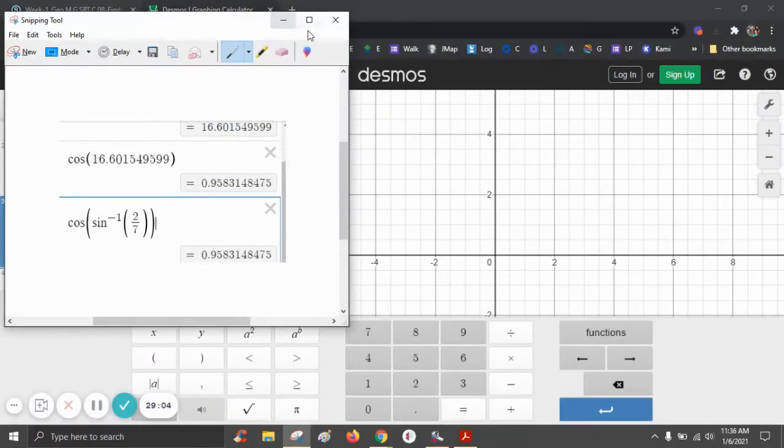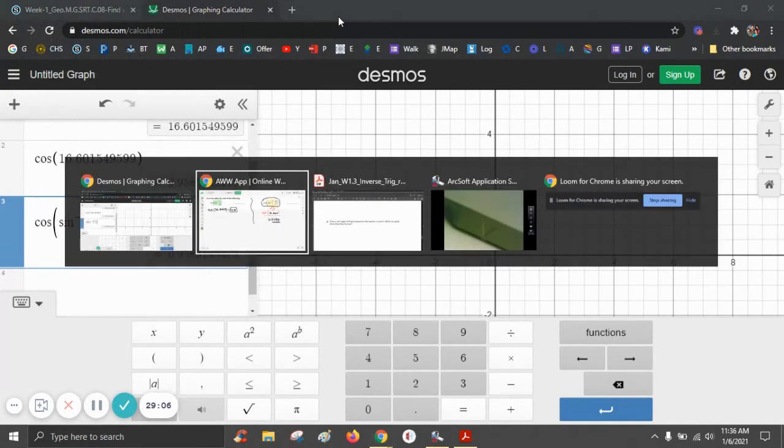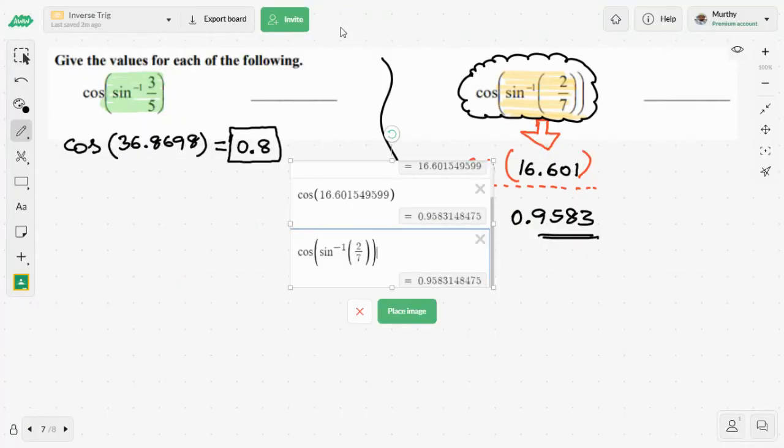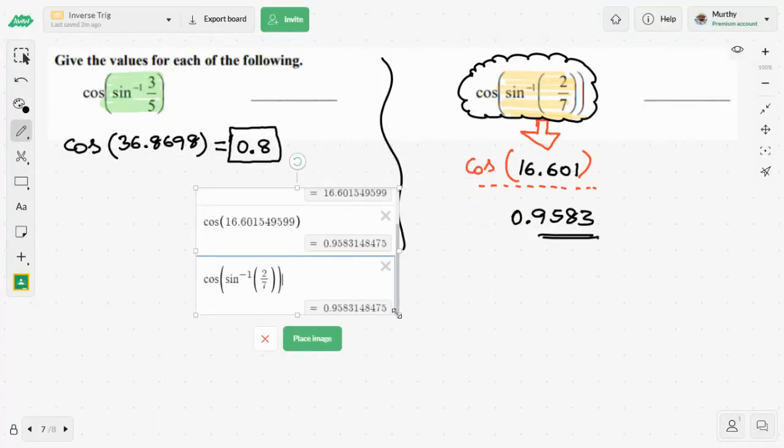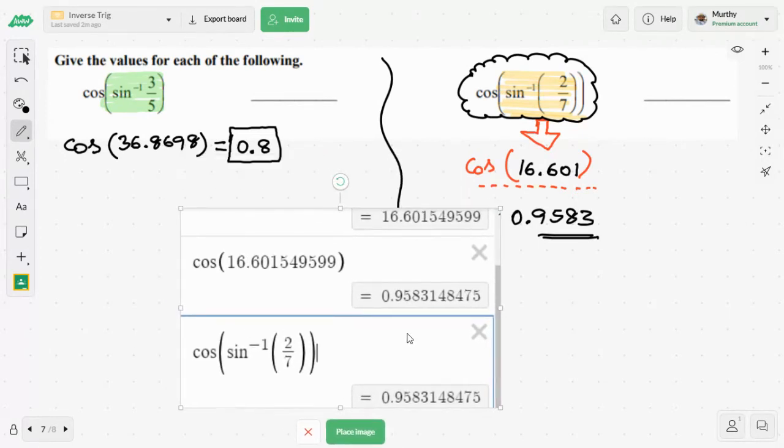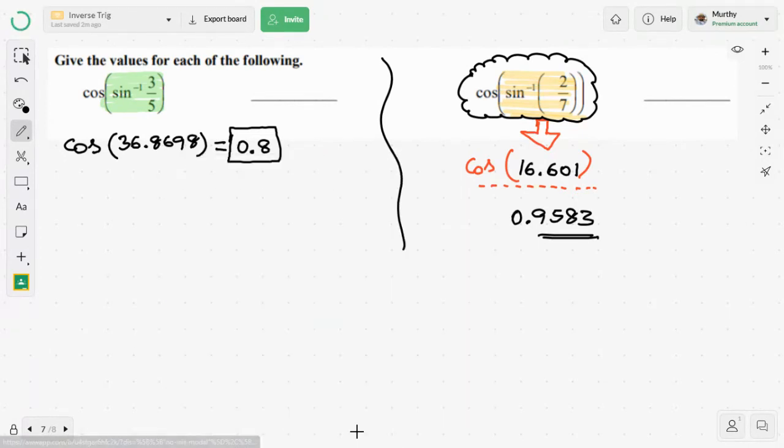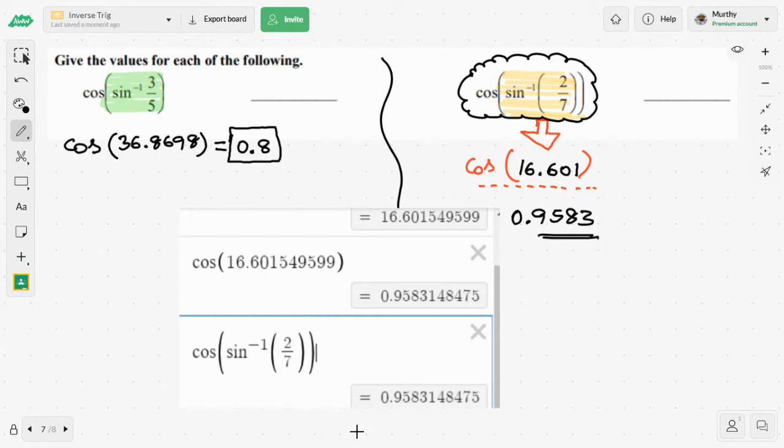Right. Now let's discuss this one on the whiteboard. If you want, you can do this separately. For part 1, you can compute sine inverse 2 over 7.